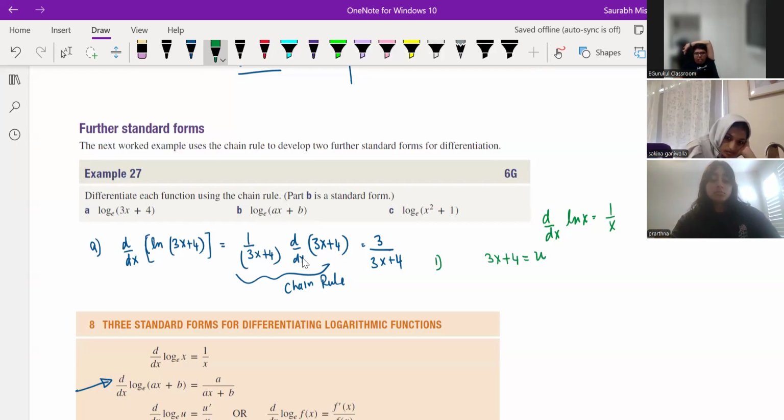So what will happen in this case, if you assume that, then du by dx is 3. Clear? Second step, d/dx of ln(3x plus 4), I can write as d/dx of ln u, because that is my u, but I can't differentiate u with respect to x. So what I'll do, I'll use ln u.